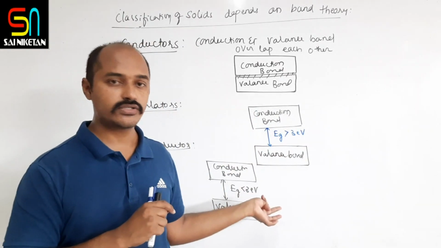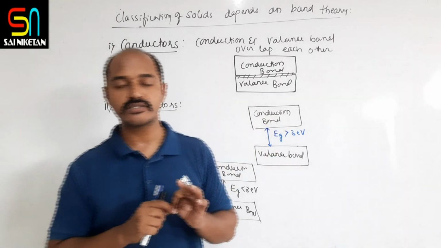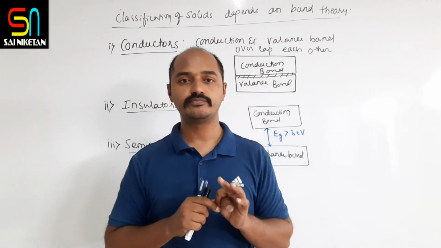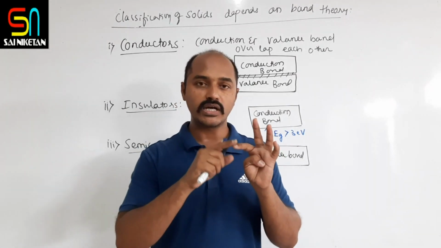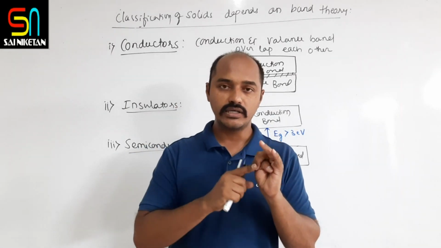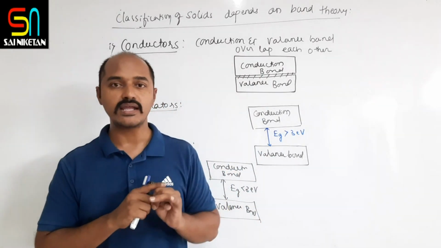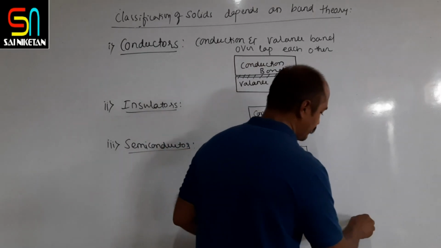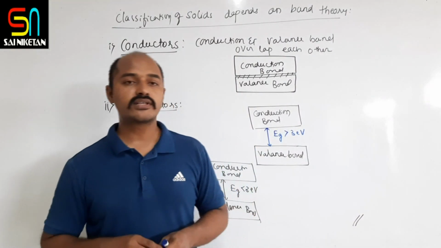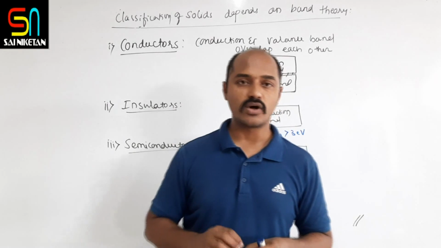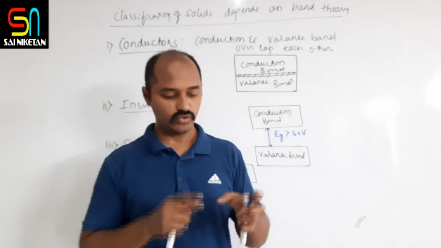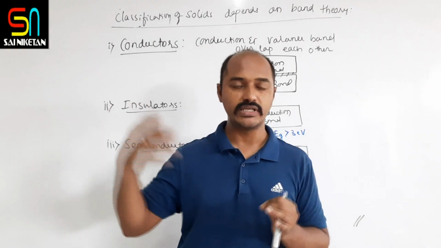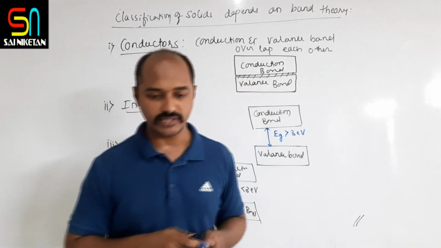And semiconductors, where the energy gap between the conduction band and valence band is less than 3 electron volt. We have classified solids into conductors, semiconductors and insulators depending upon the conductivity as well as the energy band theory.